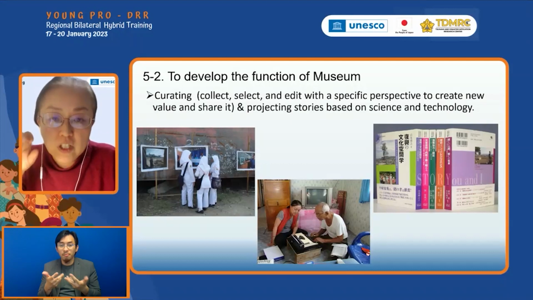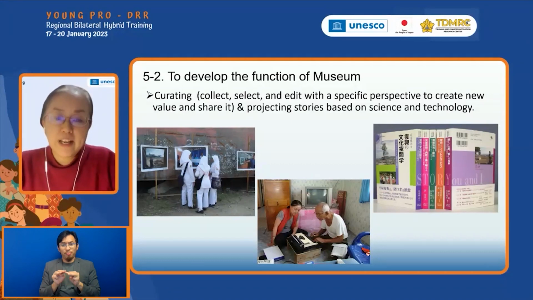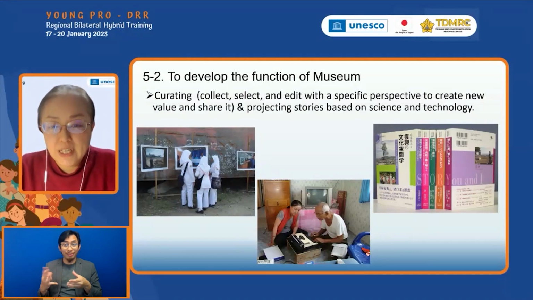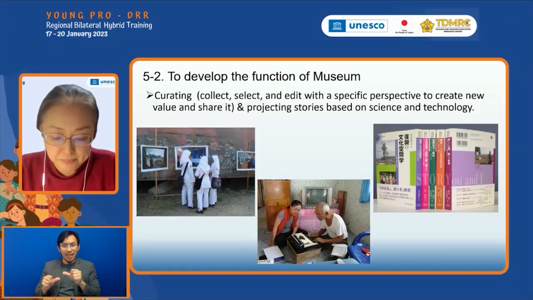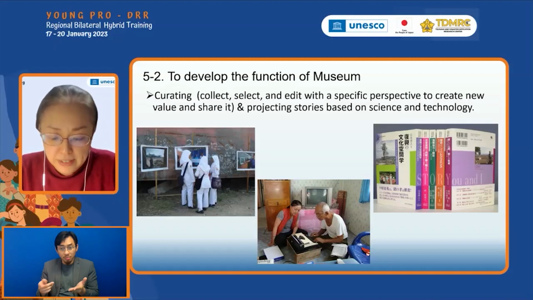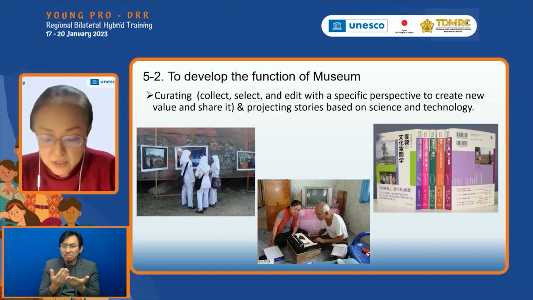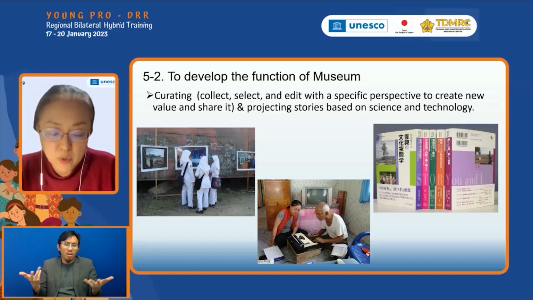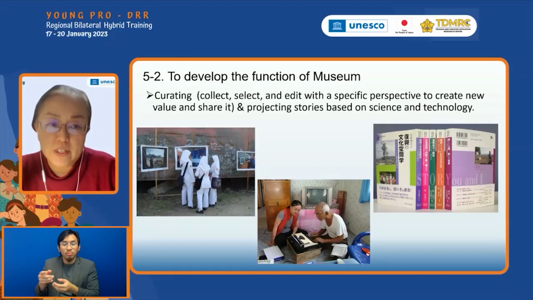By curating, museums will project stories based on science and technology. It is also essential to collect objects such as photos, drawings, or materials that will evoke visitors to relive, re-experience those stories.